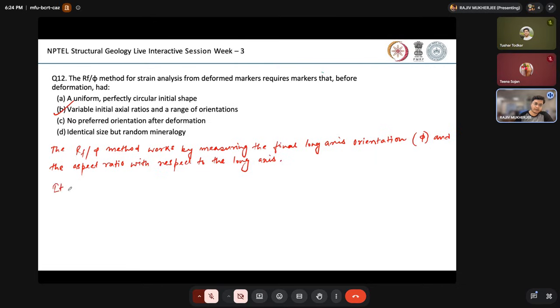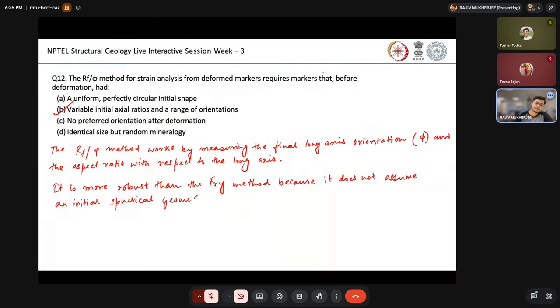That is why it is more robust than the center to center method, than the Fry method, because it does not assume an initial spherical geometry. Okay, so then move on to the next question.